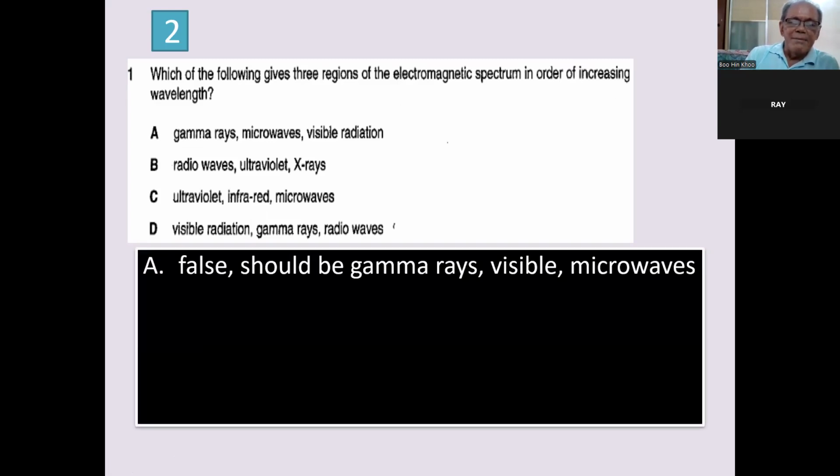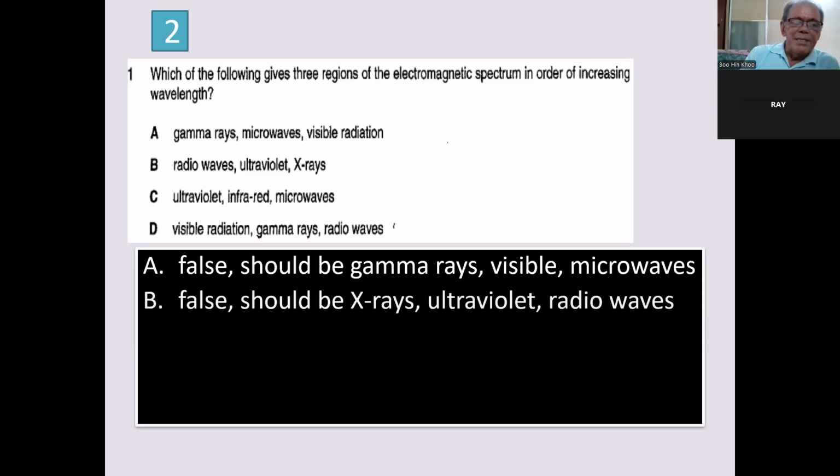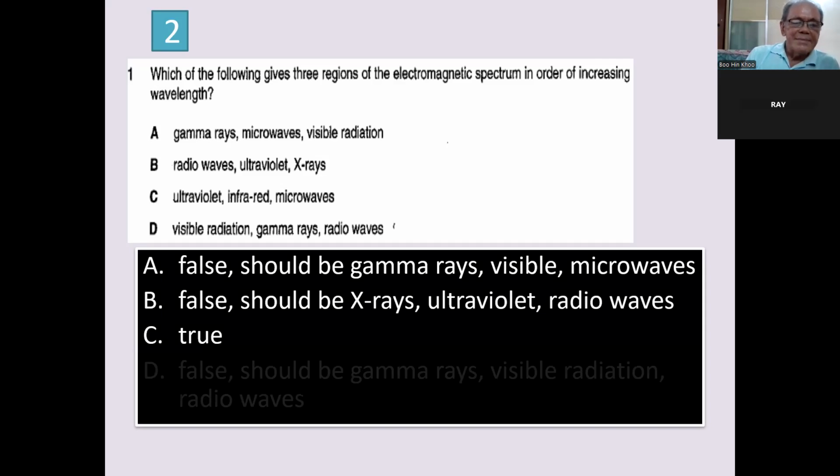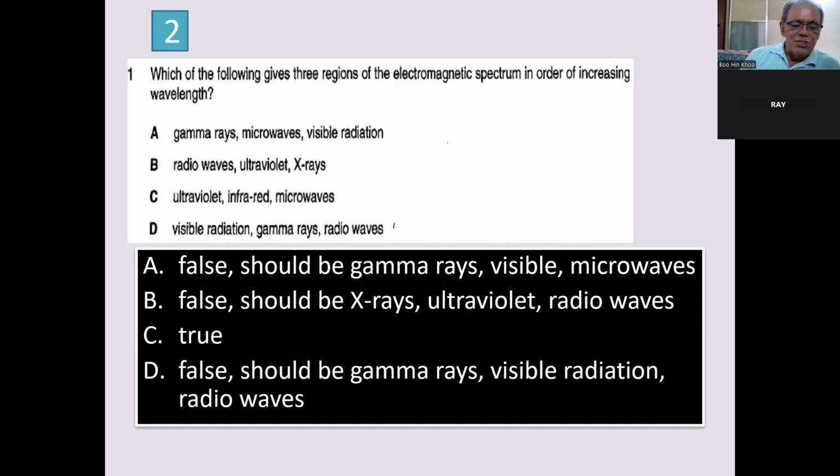It should be gamma ray, then visible, then microwave. B is wrong. It should be X-ray first, then ultraviolet, then radio waves. C is the correct one. D is also wrong. It should be gamma ray first, then visible radiation, then radio waves.